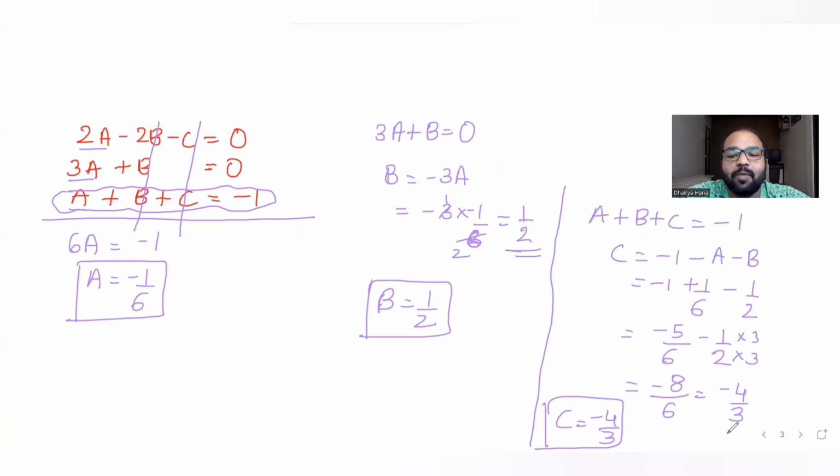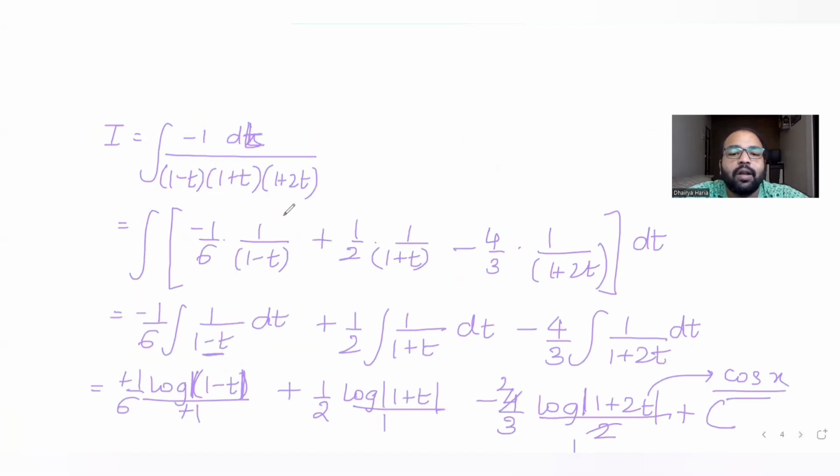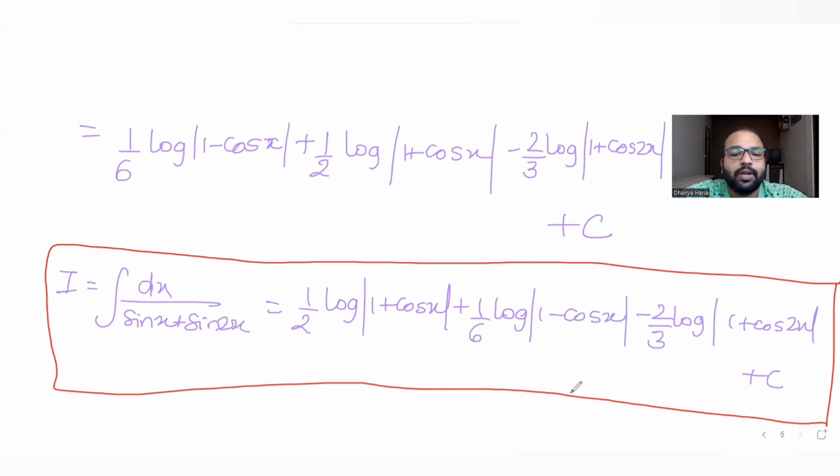Once we get those values, we substitute them and find the integration as log of something. After that, we get the answer with its three terms: 1 by 2 log of mod of 1 plus cos x, plus 1 by 6 log of mod of 1 minus cos x, and minus 2 by 3 log of mod of 1 plus cos 2x, plus c. Right?